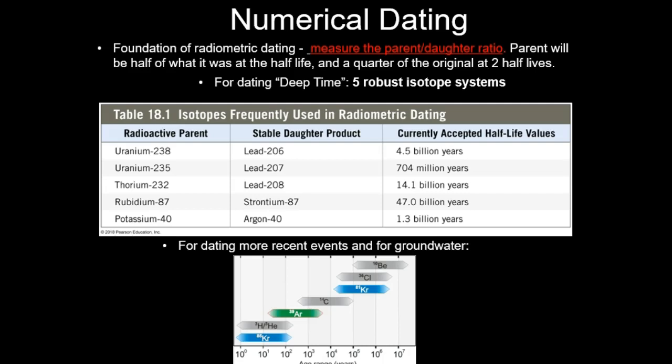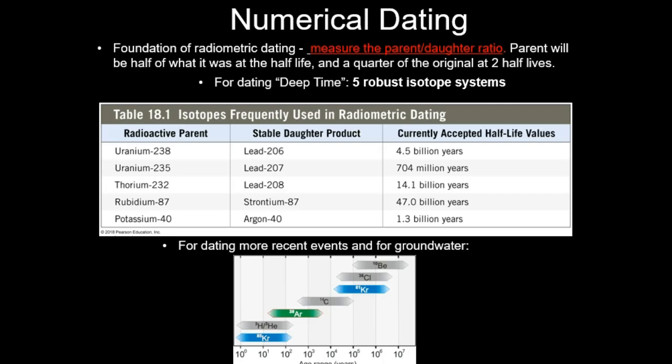The first one, cutting the 20 initial atoms of potassium-40 into 10 parent, 10 daughter, and then the second half-life cutting the 10 remaining parent isotopes of potassium-40 into 5 parent and 5 daughter, which overall results in 5 atoms of potassium-40 and 15 atoms of argon-40.